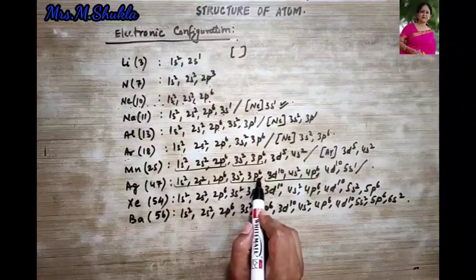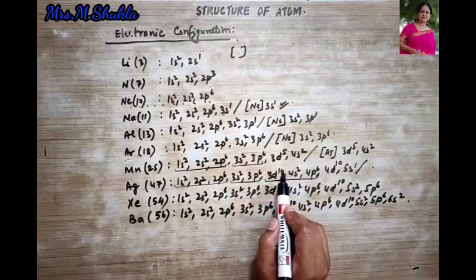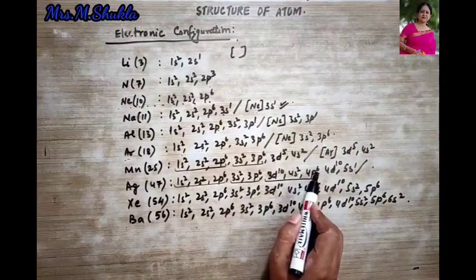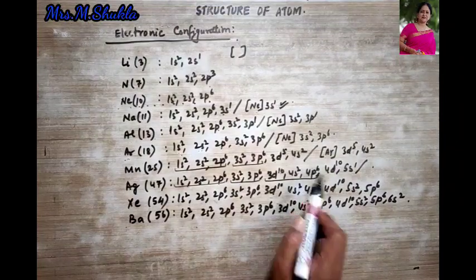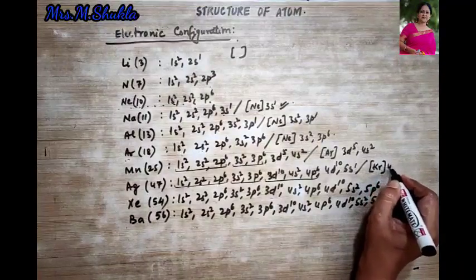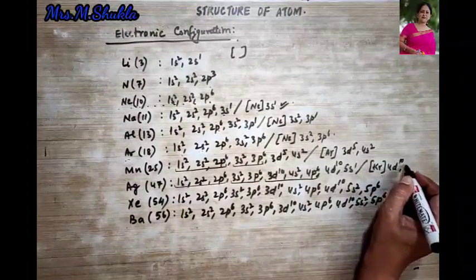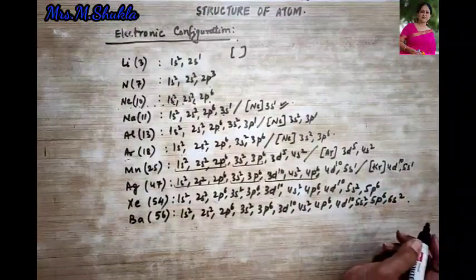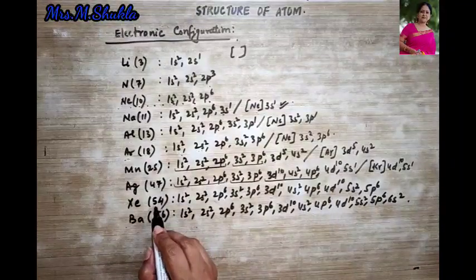This is 18, 18 and 20, 36. 36 is what? Krypton. 36 is krypton, so we can write here krypton 4d10 5s1. Okay, now this is xenon.